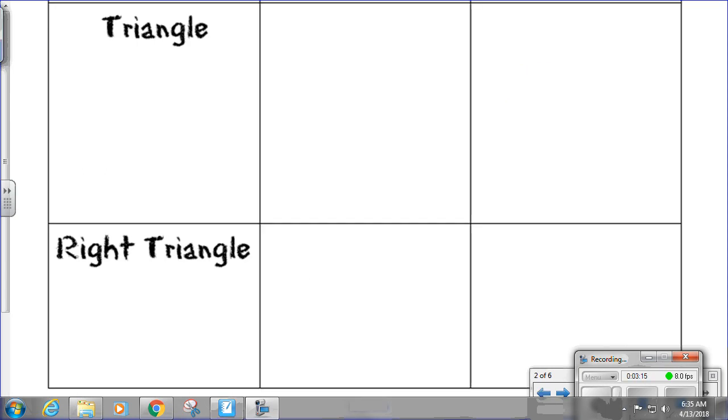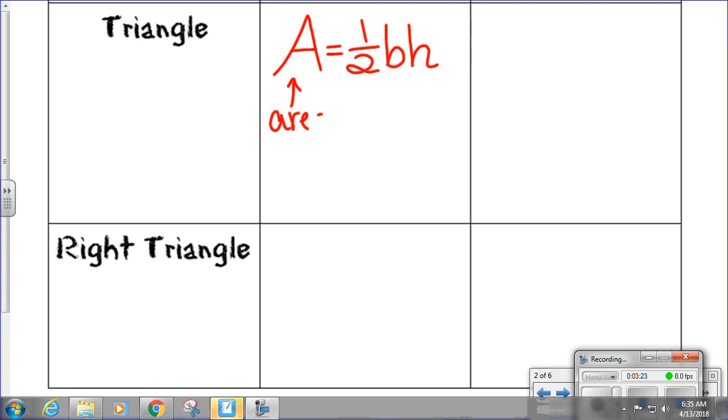Next formula, area of a triangle, is 1/2 base times height. Again, the capital A means area, lowercase b is base, and the lowercase h is height.